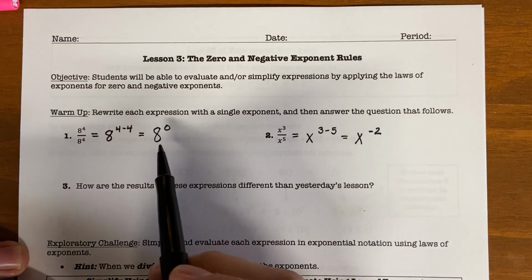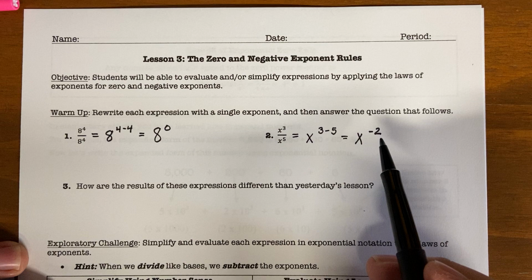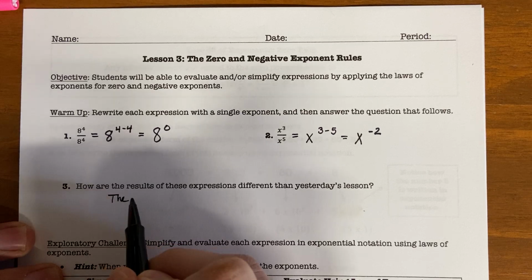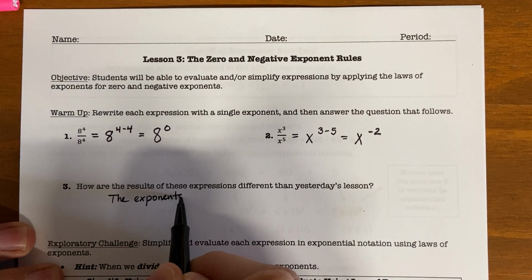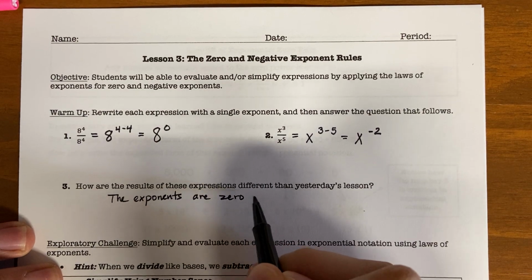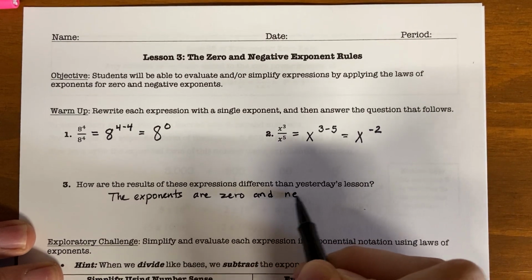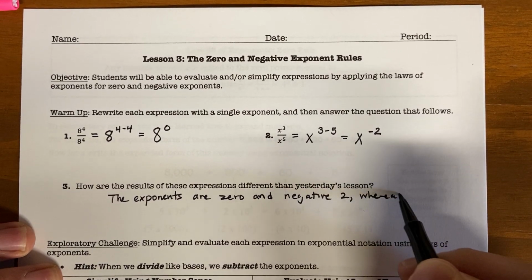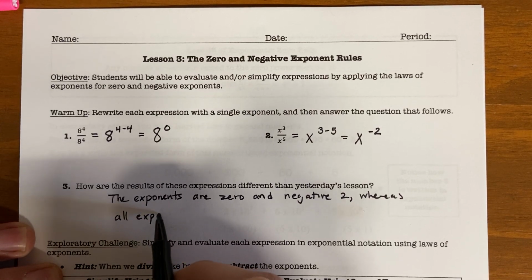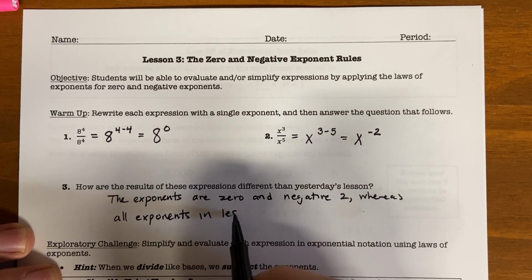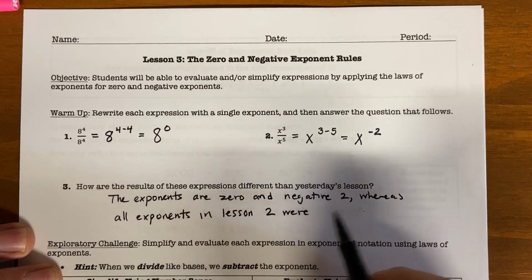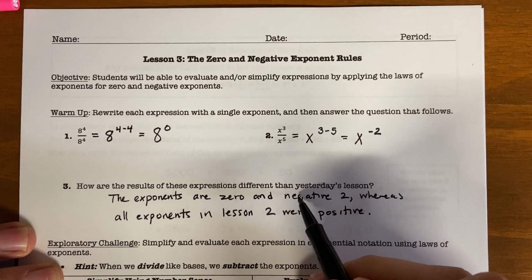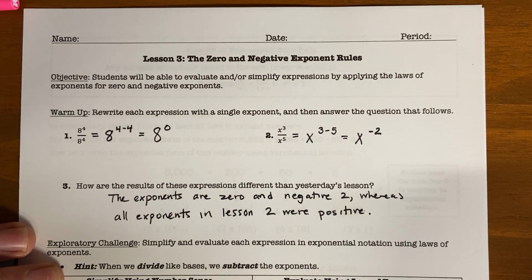Well, I think the clear answer is that the exponents are 0 and negative 2, whereas all exponents in lesson 2 were positive.